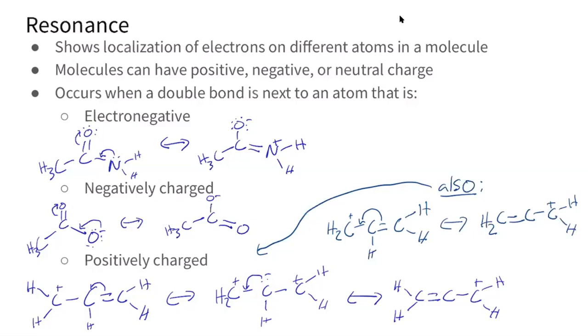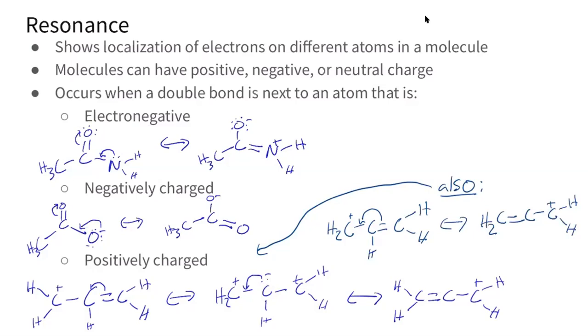Wait, I don't see a difference between what you drew on the top and what's on the bottom. Well, if you look here in the bottom resonance structure, we have 3 structures for this pathway. I show this carbanion forming, which is different from here. Here I show the electrons from this double bond jumping over the carbon and landing over here. That's totally fine to show it like that, but some people do like to show the electrons localized on the carbon.